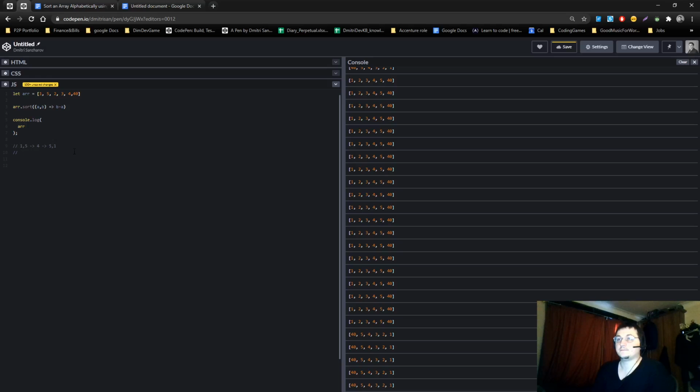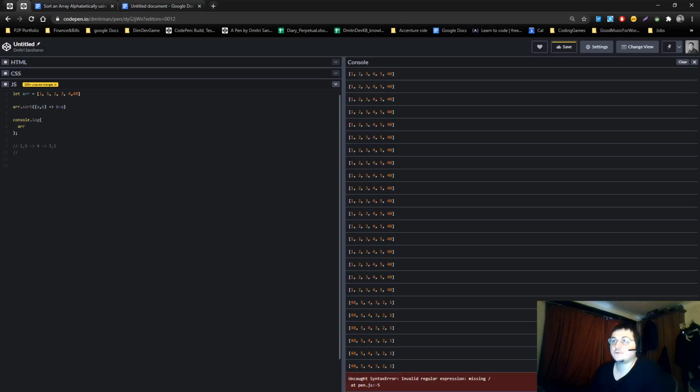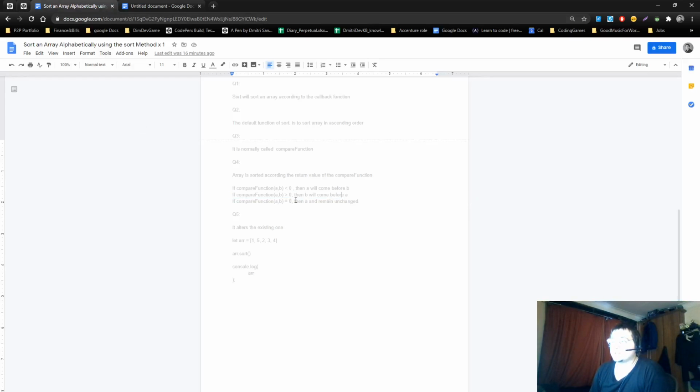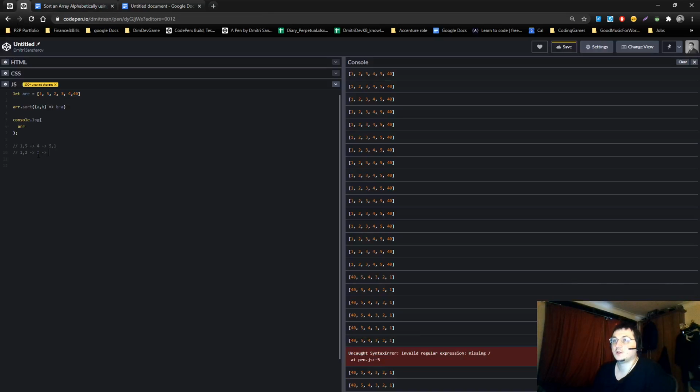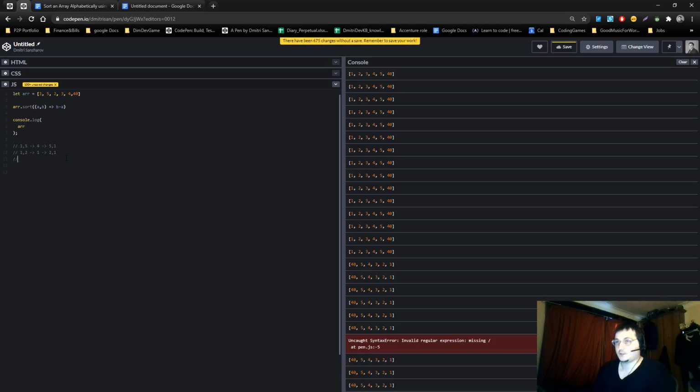Second iteration. So 5 moved here, 1 moved here. So now we have 1 and 2. Now we look at this here, B minus A. 2 minus 1 is 1. This is positive. When the condition is positive, B will come before A, which means 2 is going to be here, 1 is going to be here. Next iteration.